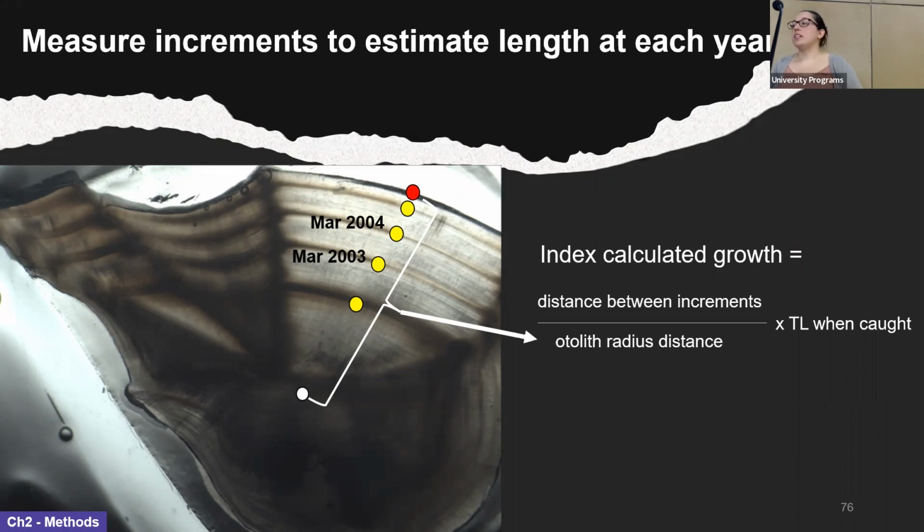We repeat this process to get annual growth for each year of the fish's life and can translate this into length at age when each ring was formed. This method does assume that the otolith growth is proportional to the fish growth, and I will be testing this assumption as part of my methods.